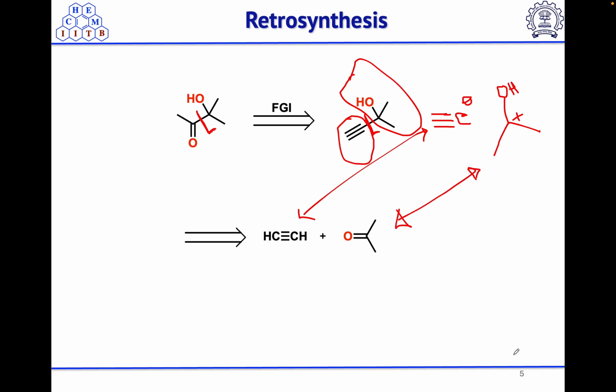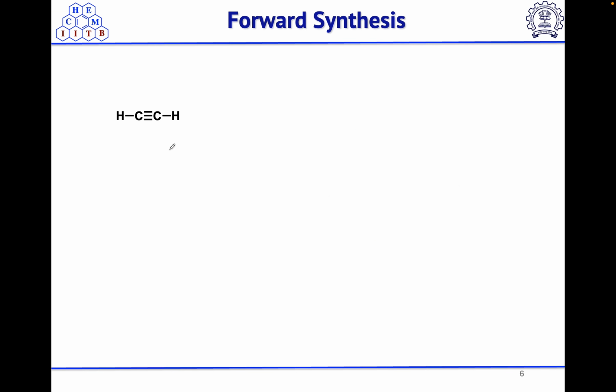Let's see how we can synthesize this molecule in the forward direction. Okay. So first we have this acetylene. So we need to make the reagent. Okay. So this is the starting material.